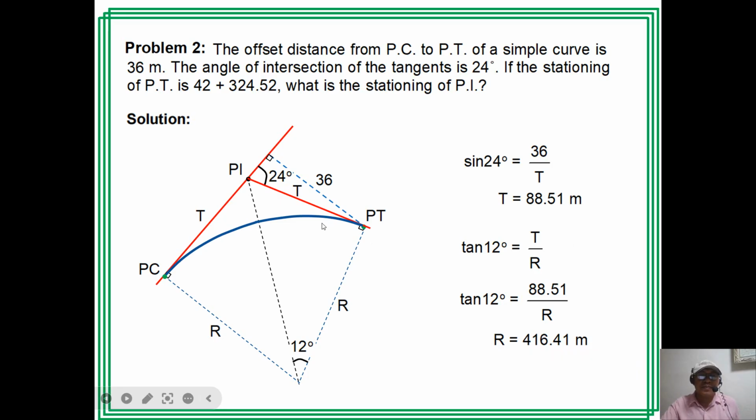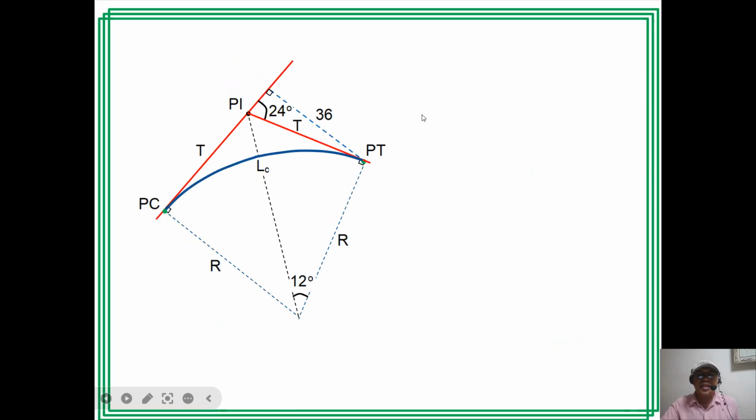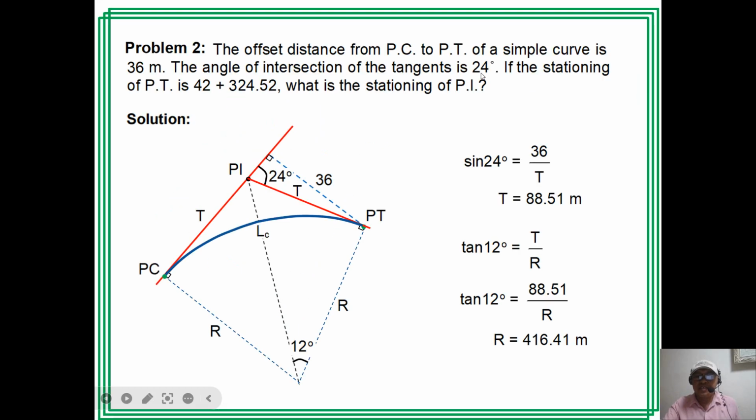And then, I can solve for the length of the curve, the LC. After I have LC, I will subtract it from PT to obtain PC. And then, I will add the tangent. Okay, so I will continue. I can solve LC by using LC equal to R times I. So, R is 416.41.